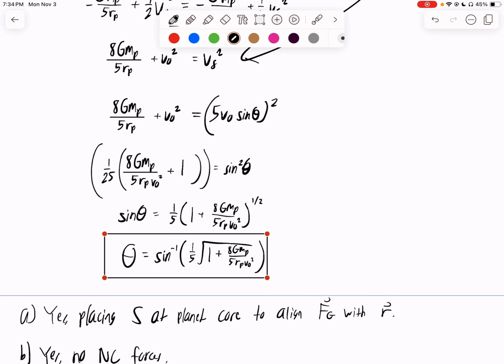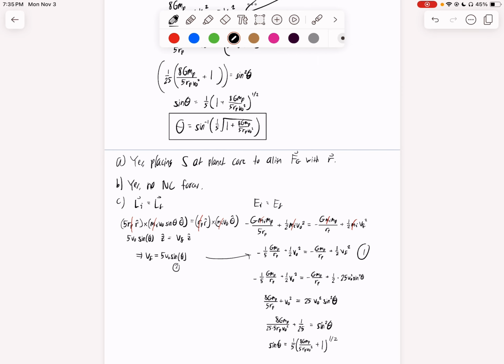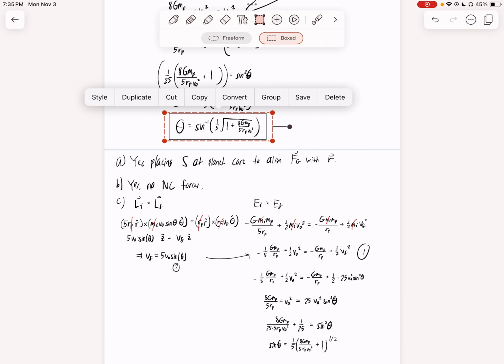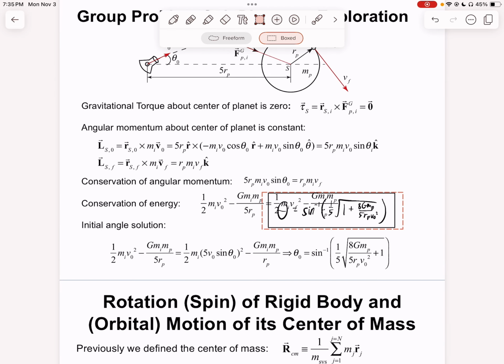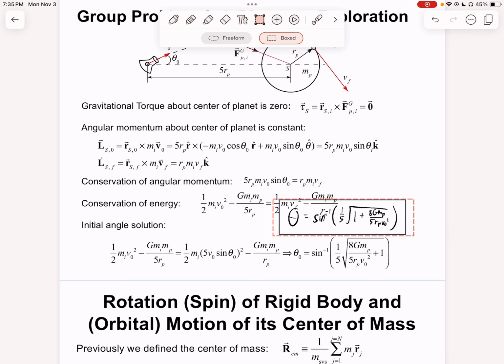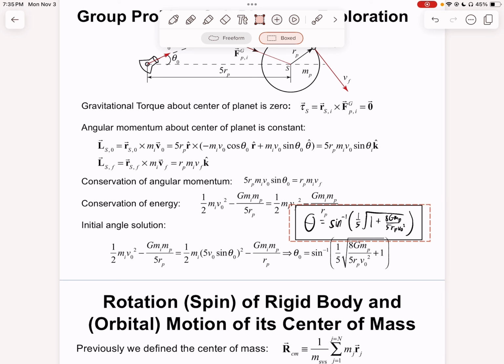Man, what a great problem. If we compare this solution, just to check, it indeed looks like what they got. So good job, team.